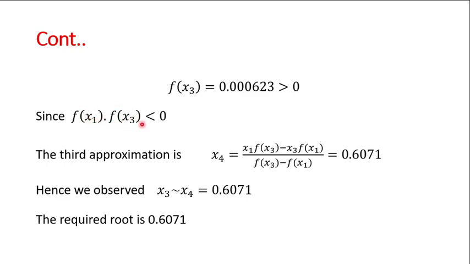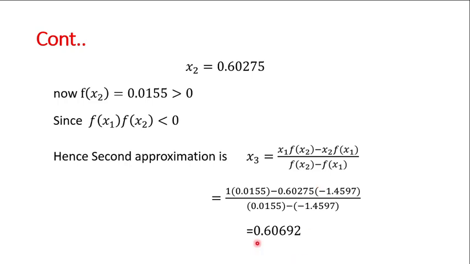Therefore, its product is less than 0. Hence, the next approximation x4 can be written as x1 f of x3 minus x3 f of x1 divided by f of x3 minus f of x1. Substitute the values and simplify. We get 0.6071.